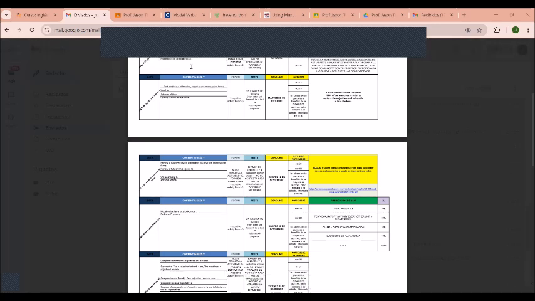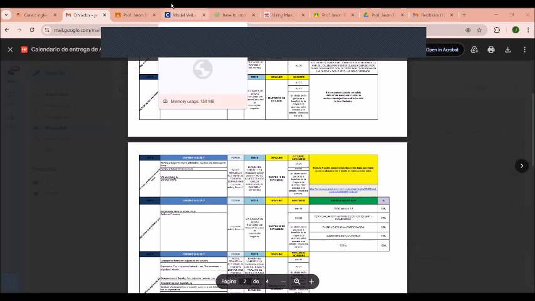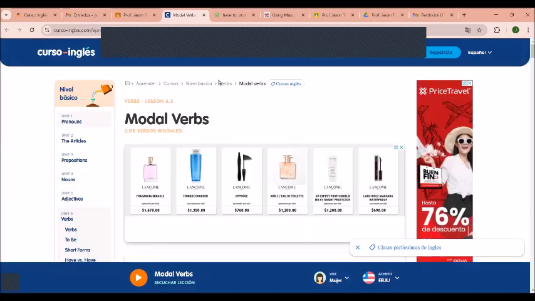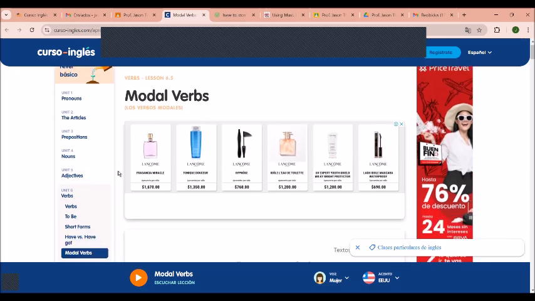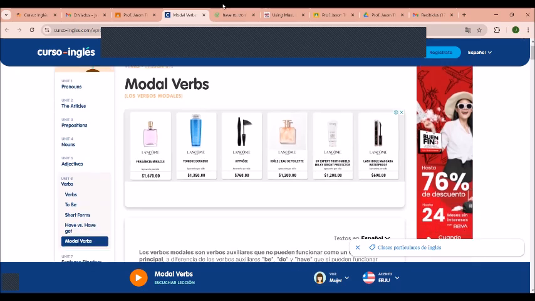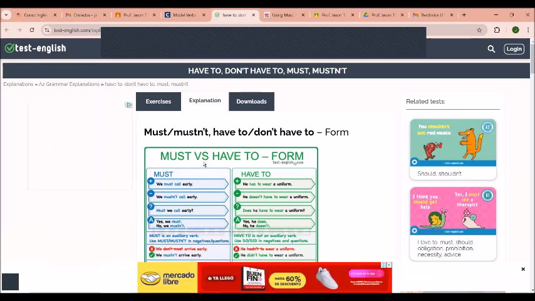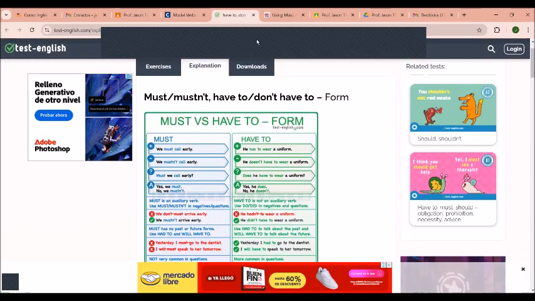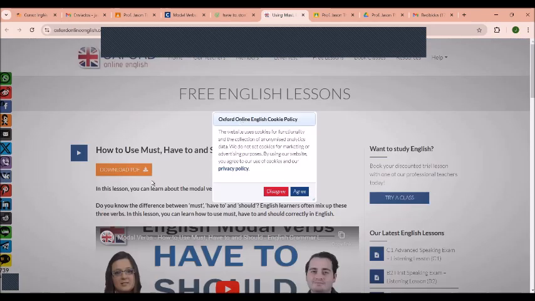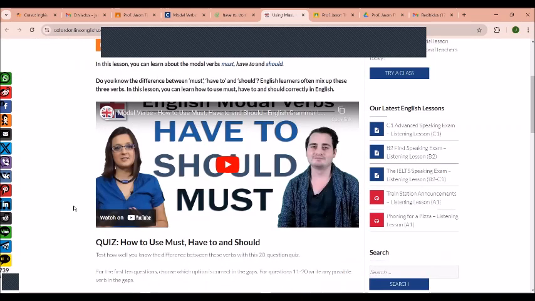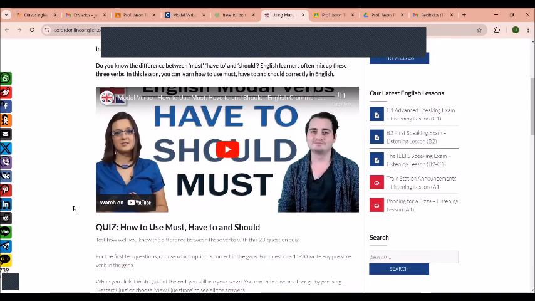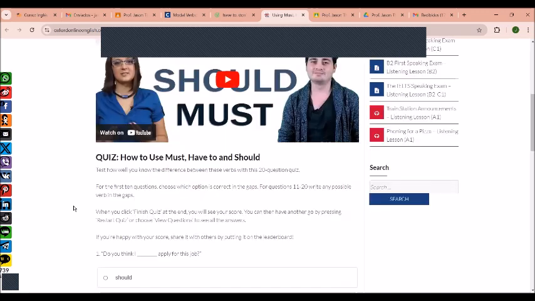Now, I'm going to be using 3 bits of aids. I'm going to look at modals from here. We're also going to add a little bit of the negative form as well. And I'll share this as well. This has another video that will also be useful.